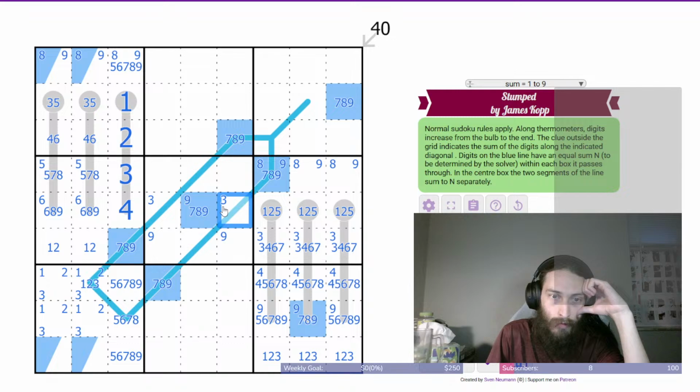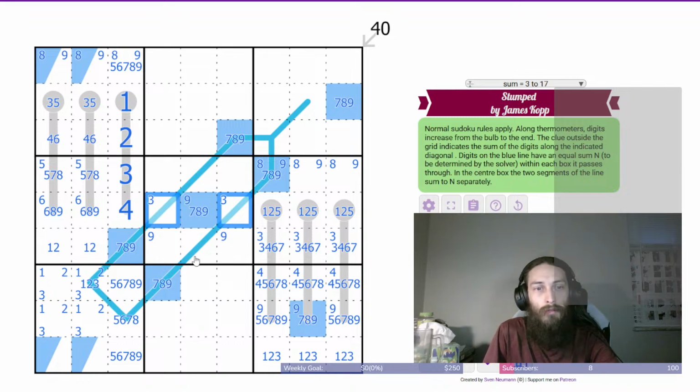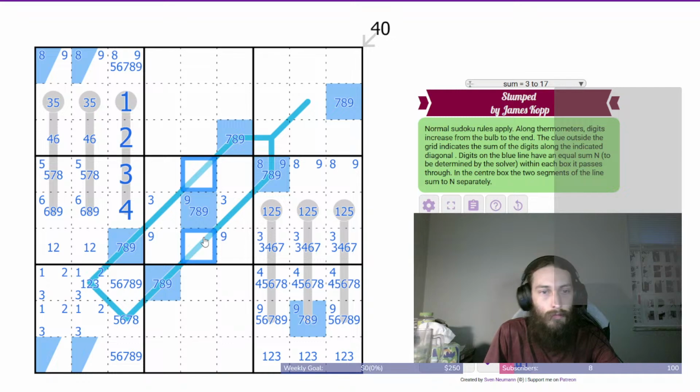4, 4. You can't. It means the other in the vertical, the column. One of those has to be 4, 5, or 6.